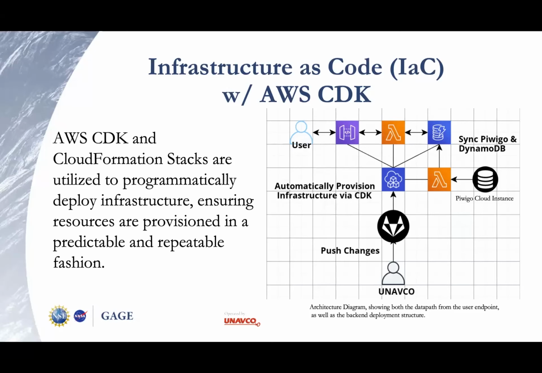And then there's also the backend deployment side, where any changes made to the infrastructure configuration in AWS are automatically provisioned through AWS CDK in order to ensure that these things are accurate and reliable.